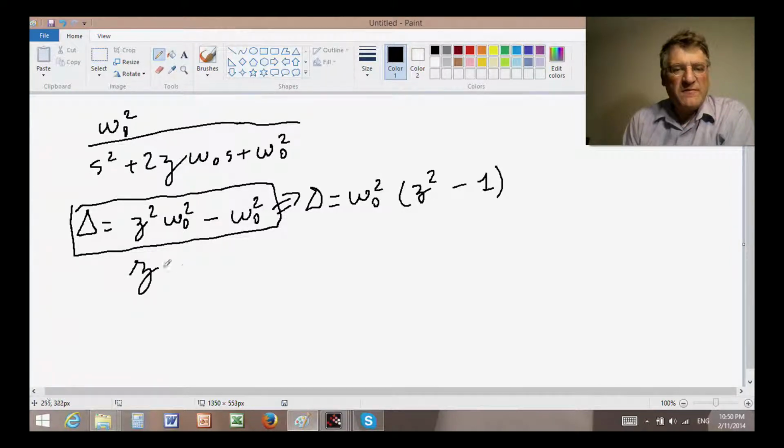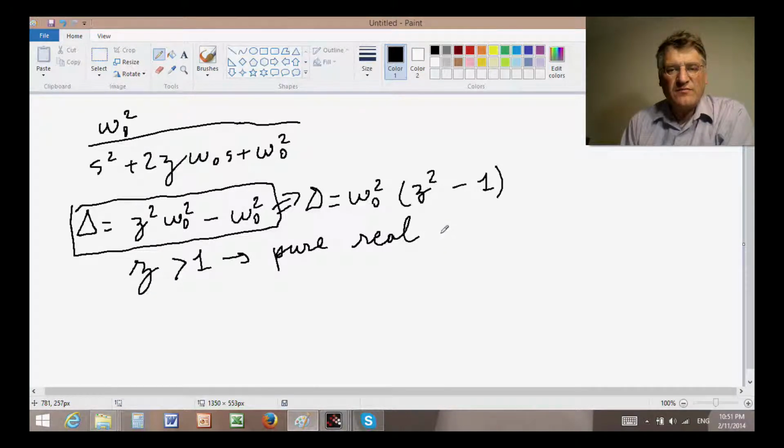So when zeta is greater than 1, then we have pure real modes, okay, or pure real roots to the characteristic polynomial here, okay.